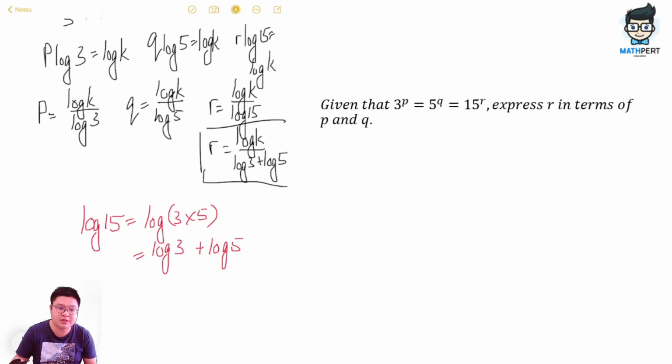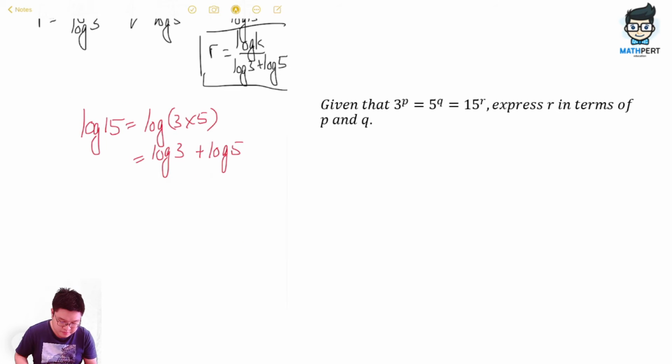So focus on this box. Alright, so we can do it this way. We turn it upside down, okay? So this will become 1 over r equals to log 3 plus log 5 over log k.